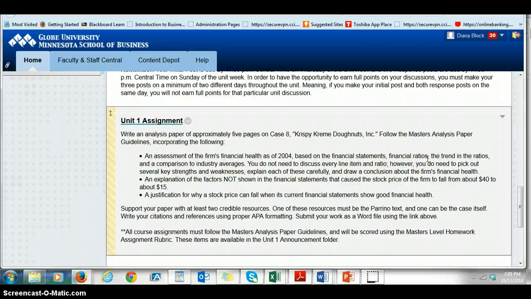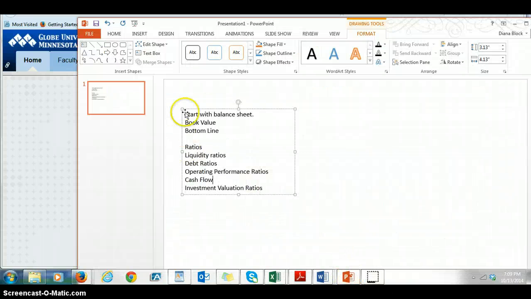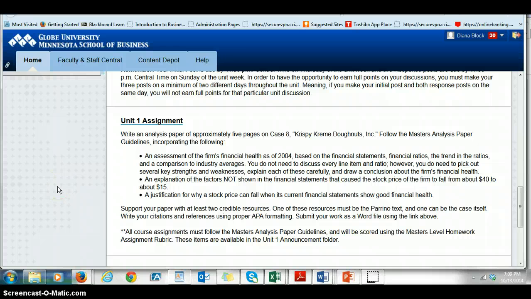So decide where you want to start. Like I said, I'm going to start with the balance sheet, the book value, and the bottom line, and then go from there and see where that leads you. You aren't going to be able to give every single ratio, every single data point, but certain things will strike you as needing additional explanation, and that's what you'll dive into.